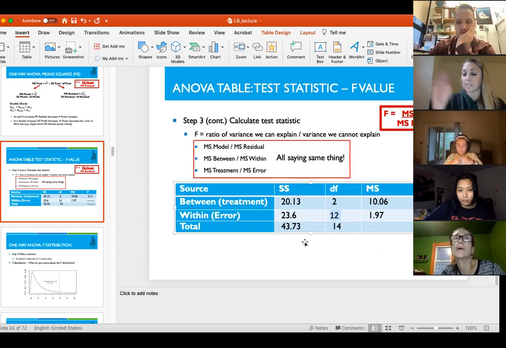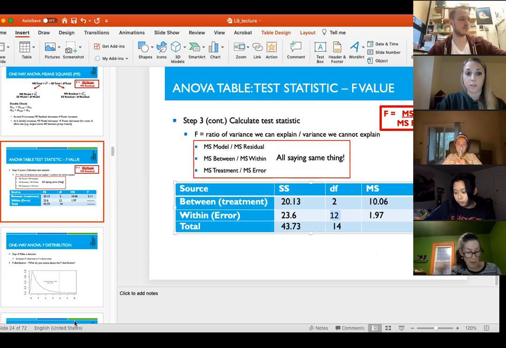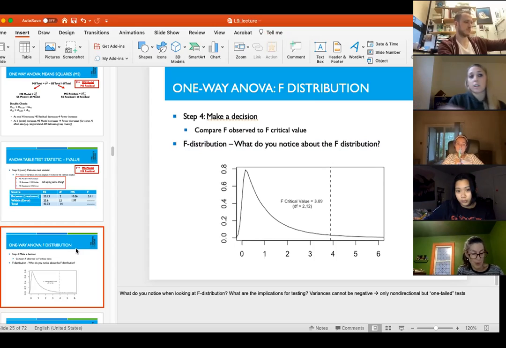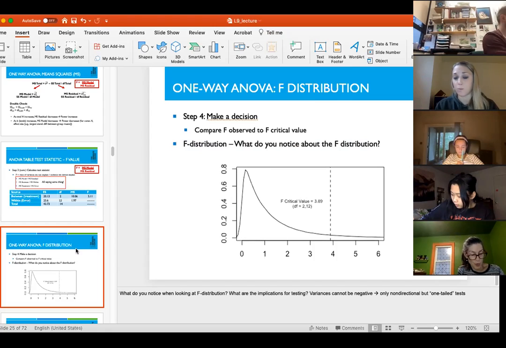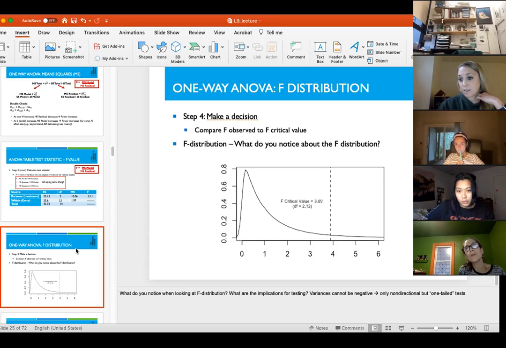This function, just like with the Z scores and the T scores, is based on tables that people calculated years and years ago before computers existed, for a given degree of freedom model and a given degree of freedom residual, and for a given probability in the tail, what is that critical value? The function just calculates it for you.